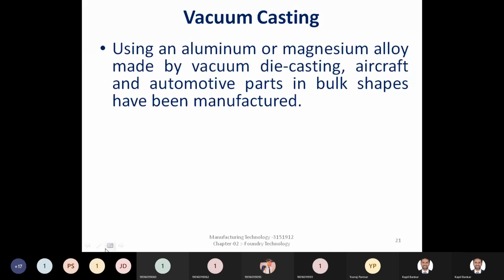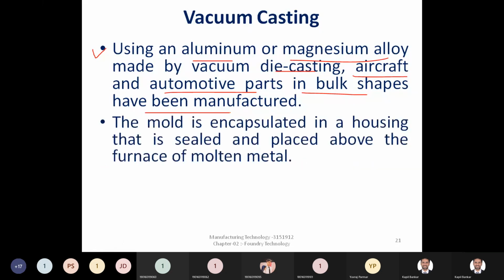Some other information about vacuum casting: parts are made from aluminum or magnesium alloy by vacuum die casting. You can create a number of parts like aircraft and automotive parts in bulk shapes. It means you can create a number of products by this process, using aluminum or magnesium alloy for the casting.